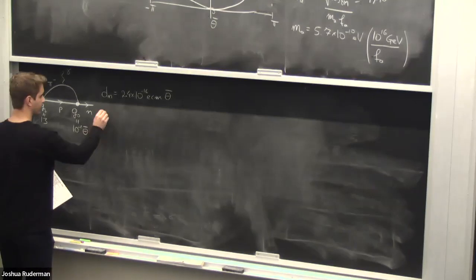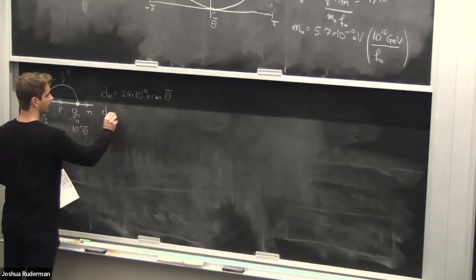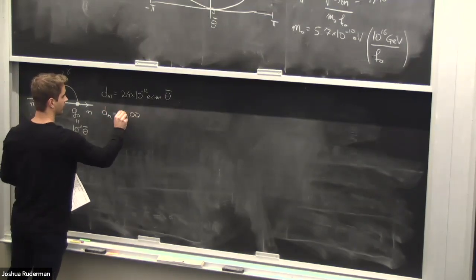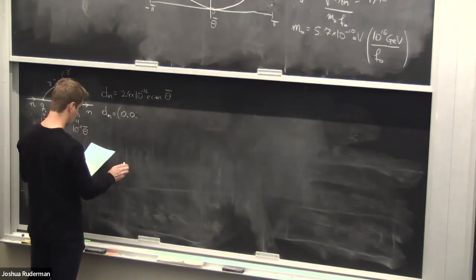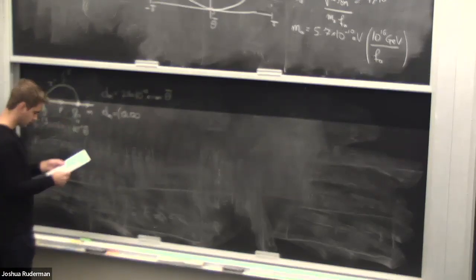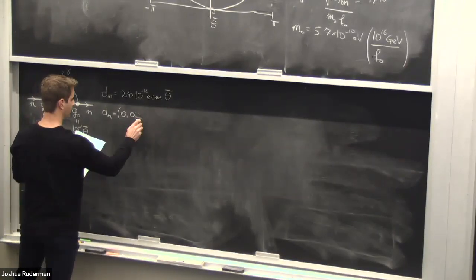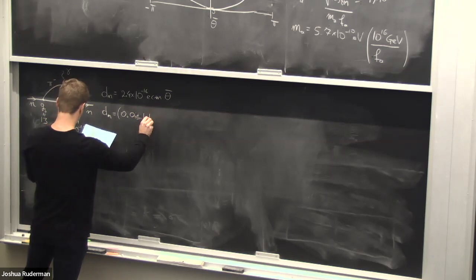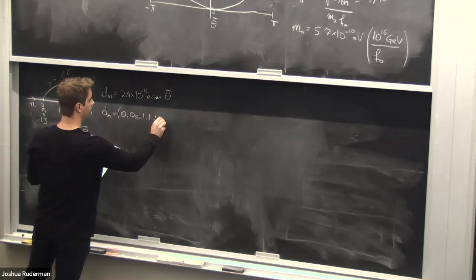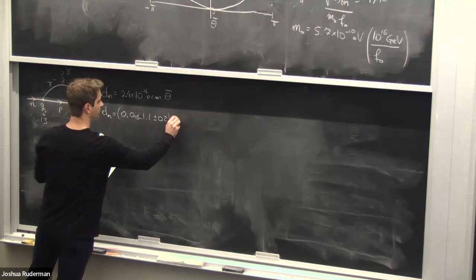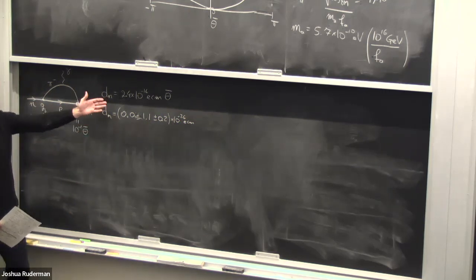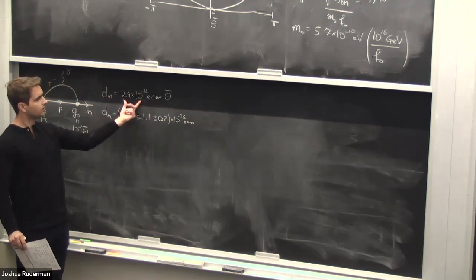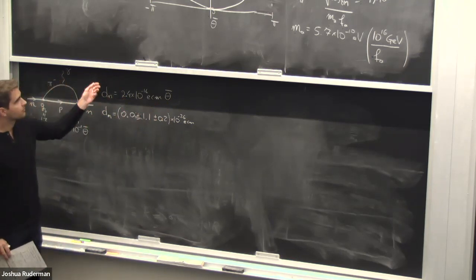But it's been measured, and what they found was 0, actually, 0.00, if I remember correctly. No, just 10. Plus or minus 1.1 statistical error, 0.2 systematic error, times 10 to the minus 26 e centimeters. Okay, so they found 0, even though the naive expectation is 10 to the minus 16 times theta.